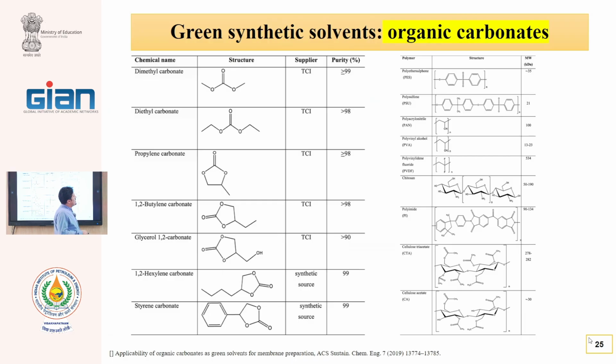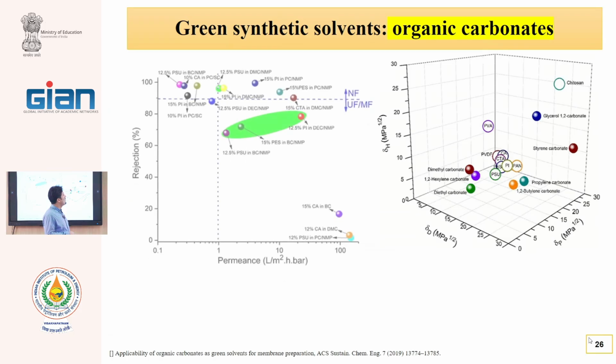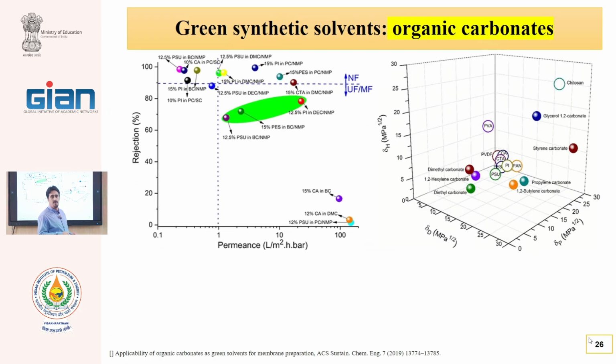For example, these are the solvents used for dissolving polymers such as polyethersulfone, polysulfone, polyacrylonitrile, and others in this study, and it shows that we can use most of these solvents in the fabrication of MF, UF, and NF membranes.